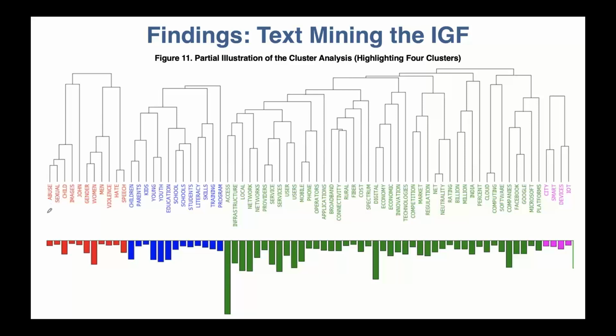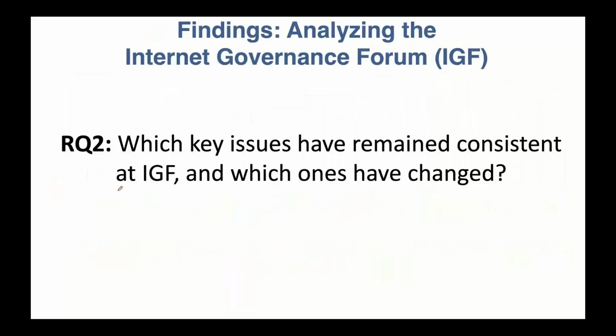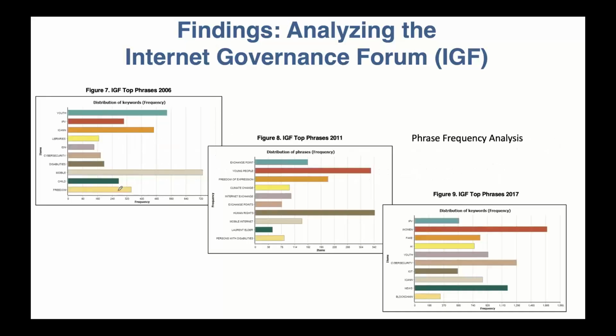So one of the key concepts was about images of child sexual abuse. That's one cluster. Another cluster was around gender and violence, another around hate speech. These techniques are really powerful at exploring key concepts in a data set this large.